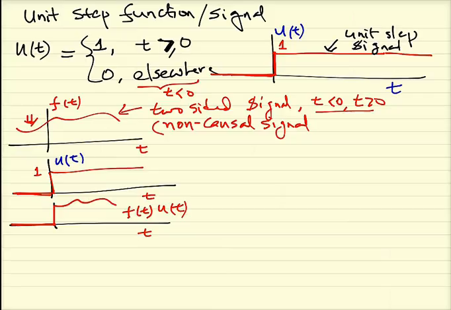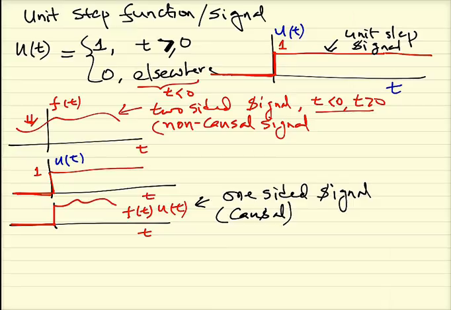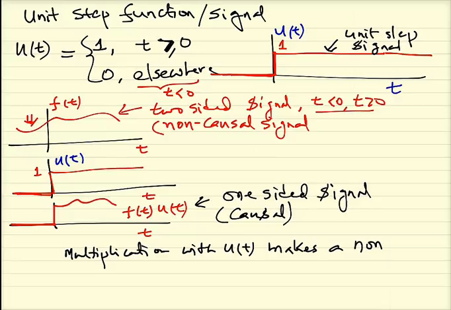And here you see this signal is a one-sided signal, and this one is also called a causal signal. So from here you can say that multiplication with u of t makes a non-causal signal causal.